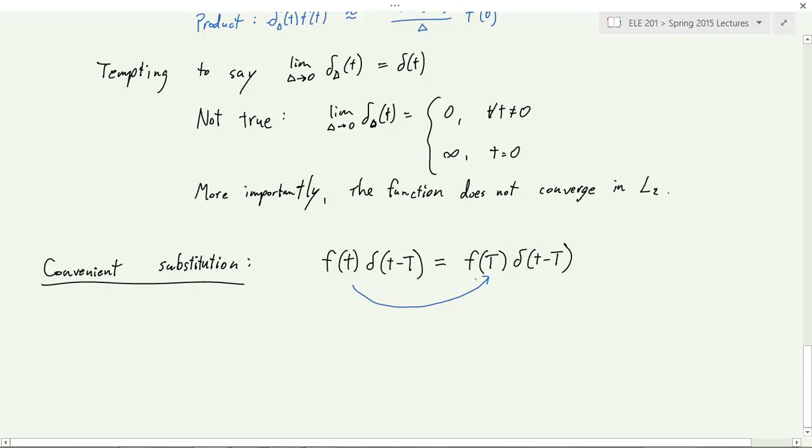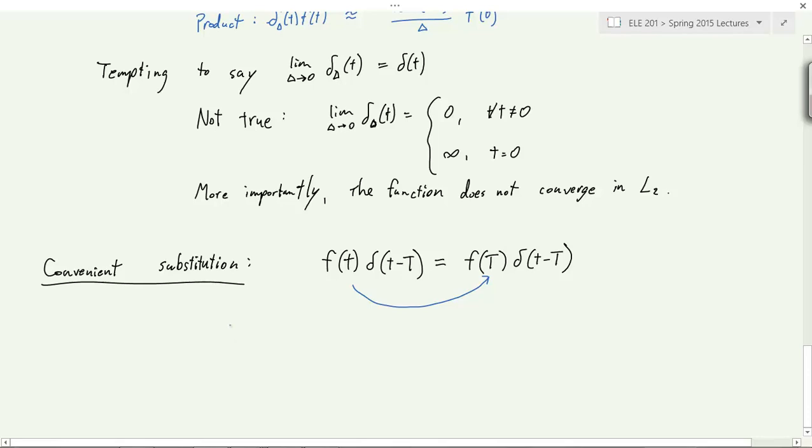The reason is that, think about convolution. That's going to be an important process that we care about. Convolution is an integral. Think about the Fourier transform. The Fourier transform is an integral. Therefore, if we know how something behaves under the integral, then that's usually all we care about. And so when I say you can make the substitution, let's check.